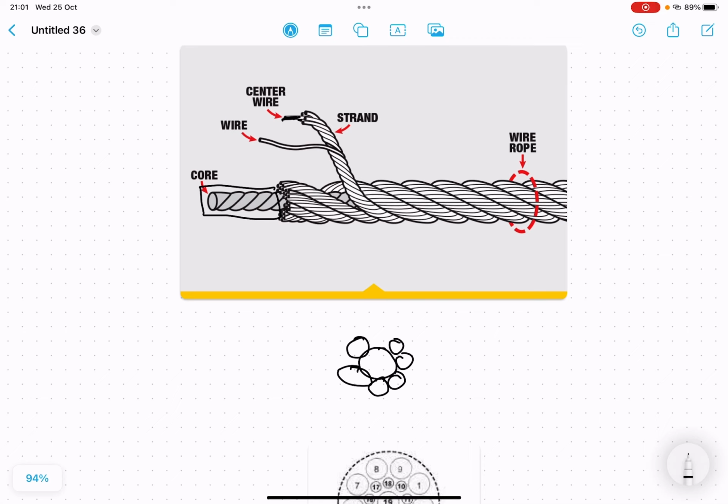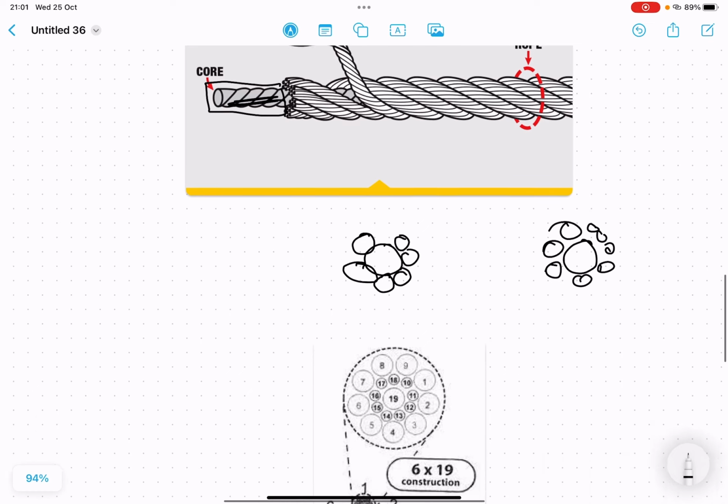So this is the making criteria, the design or the cross section of the wire rope: a single core, and on this core a number of strands are mounted.